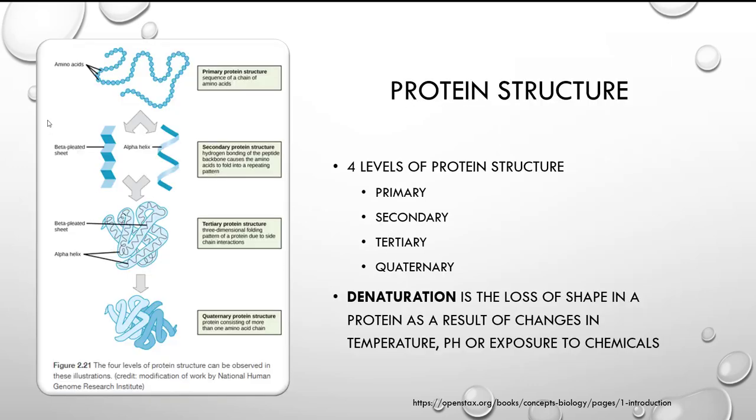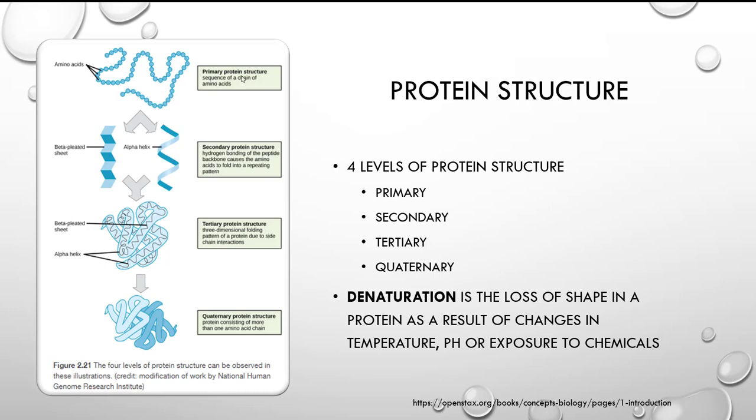So here is a linked chain of amino acids, and they're all held together by covalent bonds. Actually, those covalent bonds are called peptide bonds. It's just a name for a covalent bond because it's a protein, peptide. So those are the amino acids linked together. That's the primary structure.